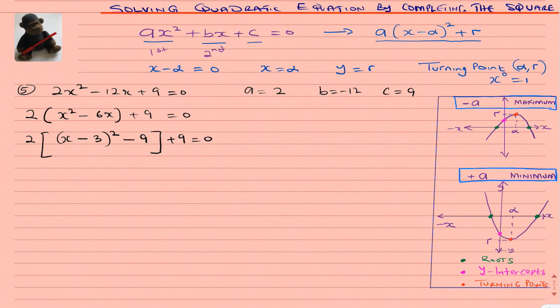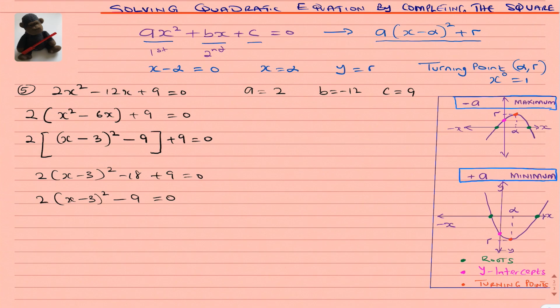Now we need to open the square bracket and multiply everything by 2 in the square bracket. So that would be 2 bracket x minus 3 squared minus 18 minus 9 times 2 is minus 18 plus 9 equal to 0. Now, so you get 2 into bracket x minus 3 squared minus 9 equal to 0.